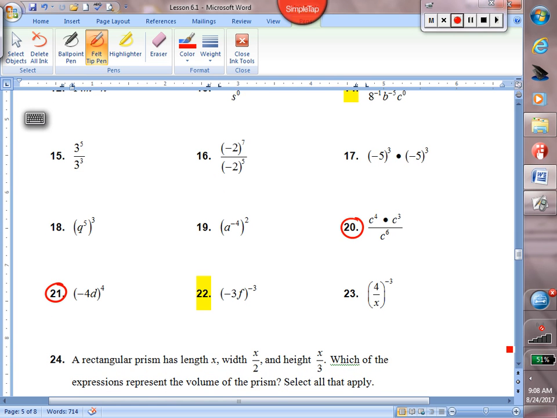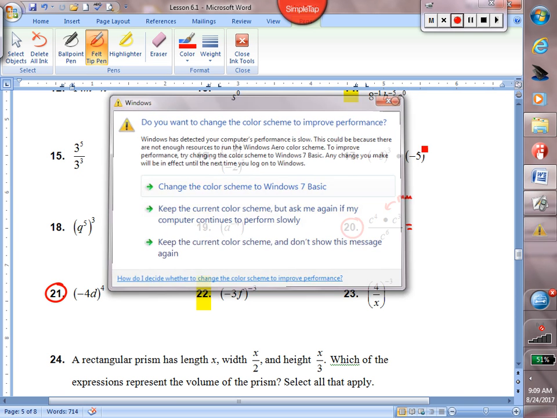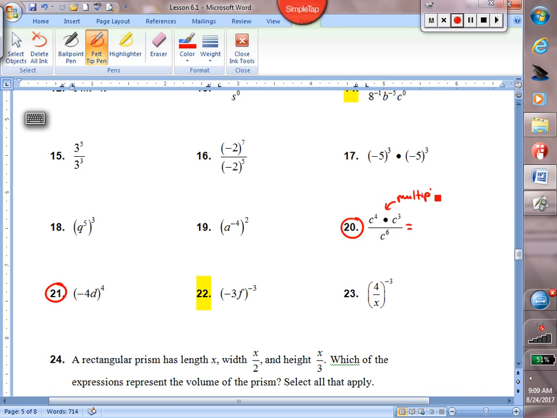Number 20 has a couple of different properties. Let's start with the numerator. In the numerator, we have a c to the fourth and a c to the third. I have the same base, and I'm multiplying.